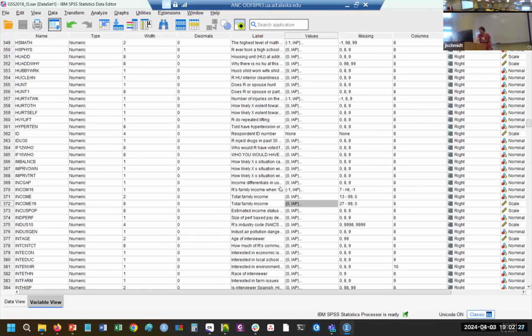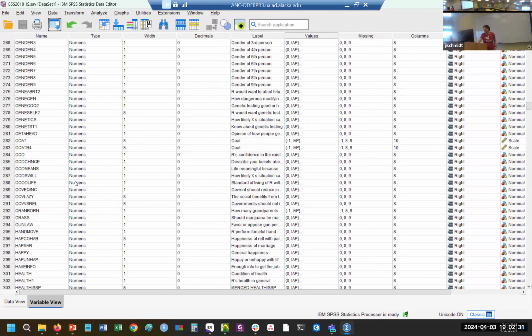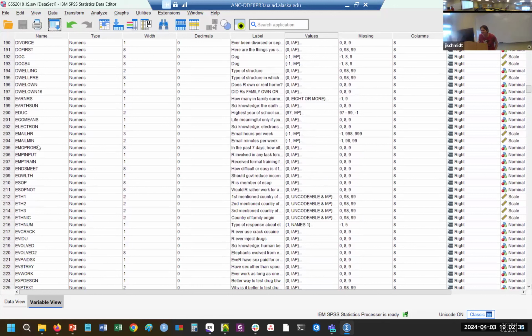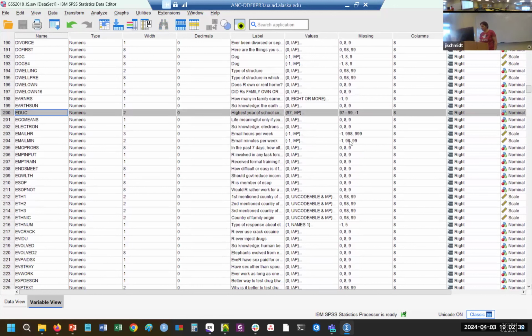One thing that I did want to show you with this is education. Here we see education. It's scaled as nominal, but we actually used it kind of as a numeric value, because it does go up.